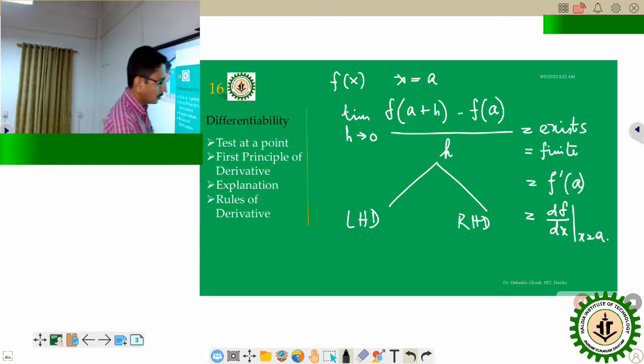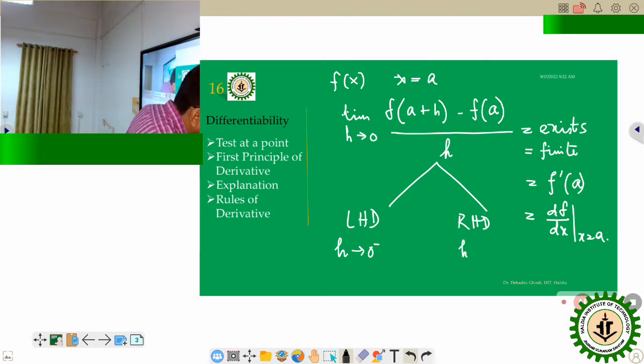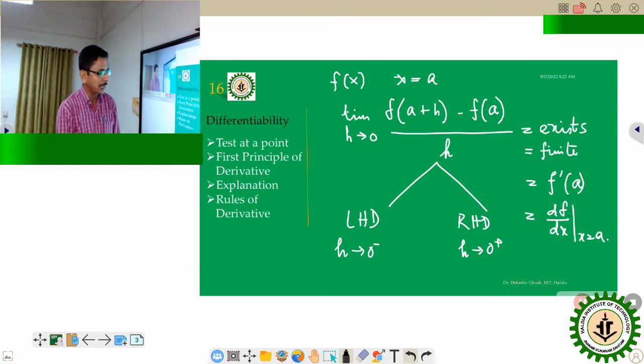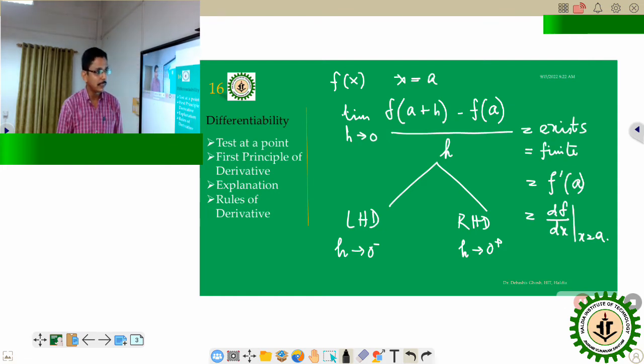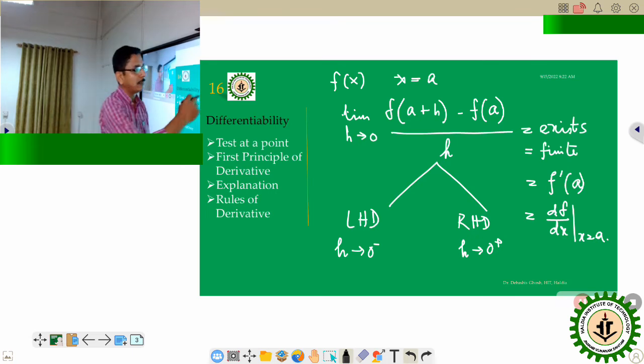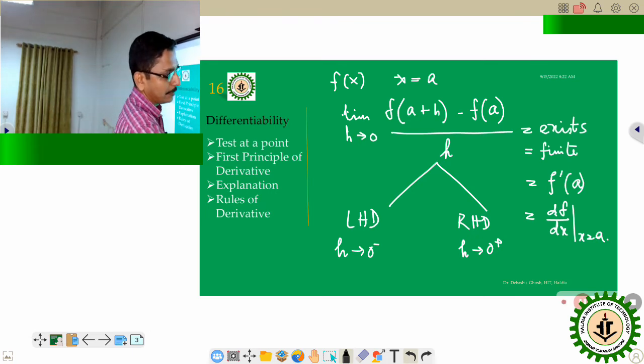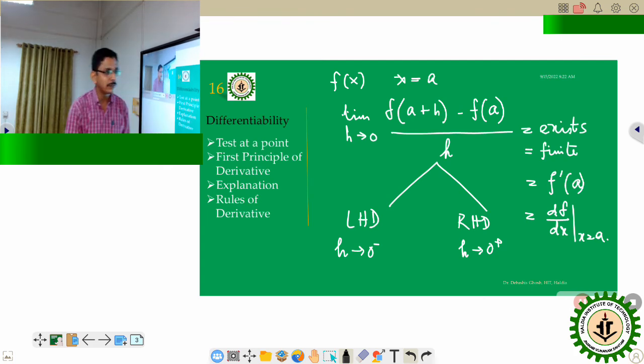For the left hand case we consider h tends to 0 minus, and for the right hand we consider h tends to 0 plus. If for both sides you get a finite equal value, then we can say the value of this limit is equal to f dash a, and the derivative of the function at the point a exists, and that is denoted by this.